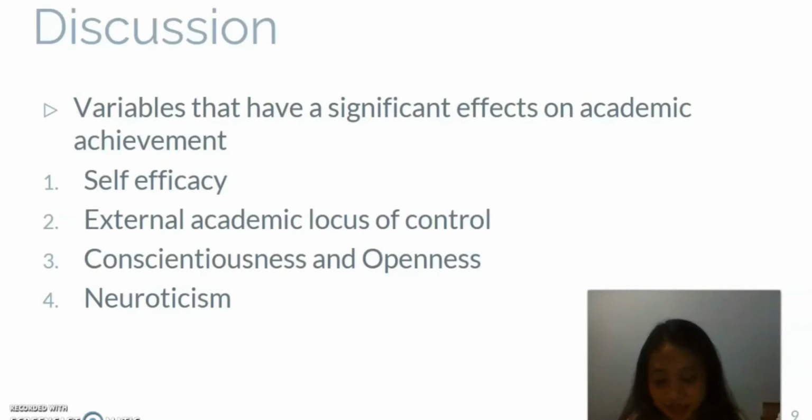And second is the external academic locus of control. This has a negative and direct effect because individuals with high external academic locus of control pass their responsibility to other factors other than themselves. So they would blame their failure on their teacher, the system, or the teaching method in this online class.